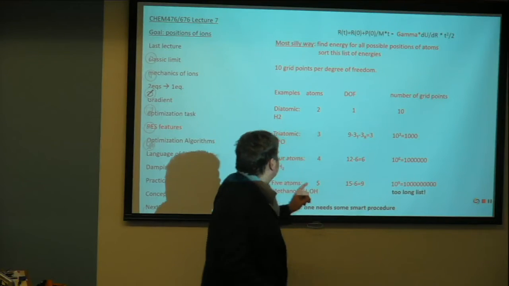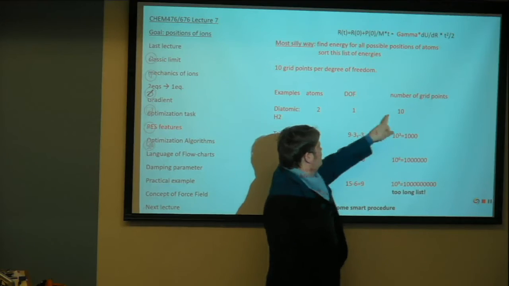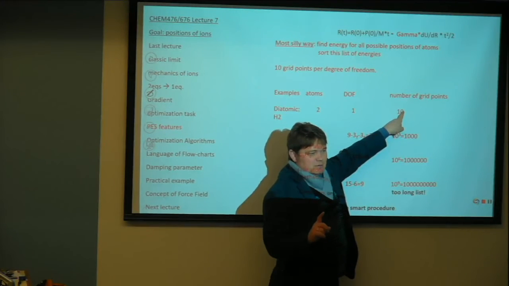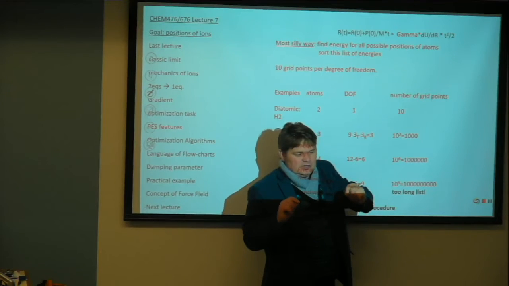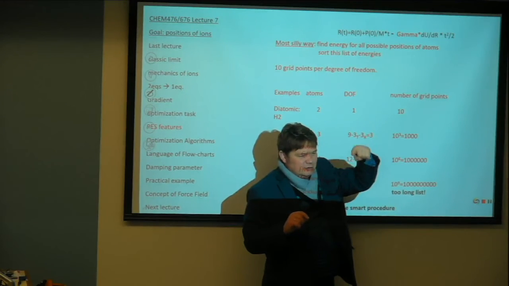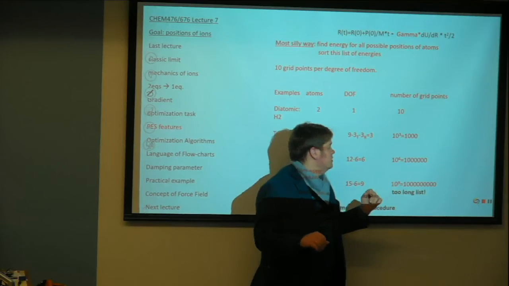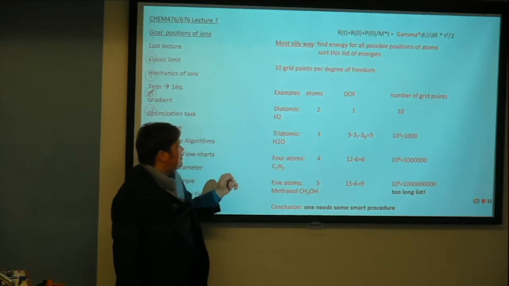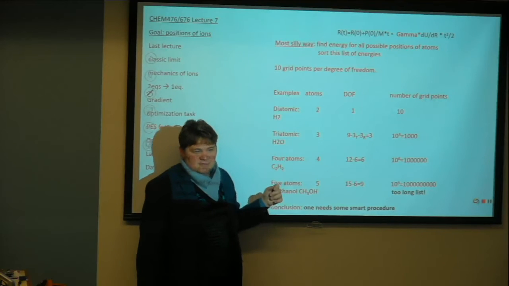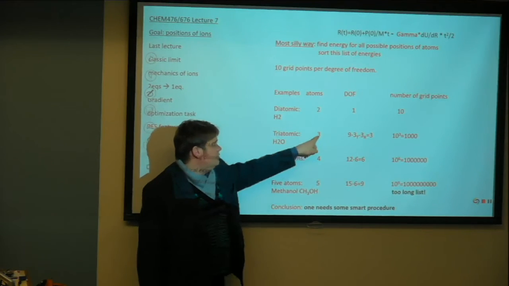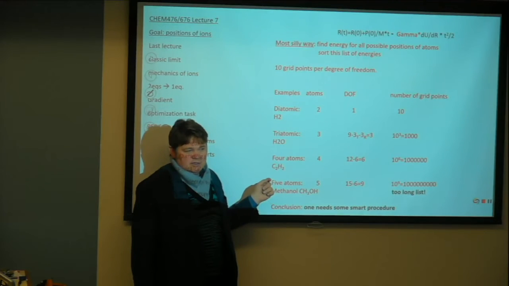Then for diatomic H2, there will be 10 points, 10 values of potential energy, and it will be easy. If it is 3 atoms, like water, the number of degrees of freedom is 3n minus 6, right?